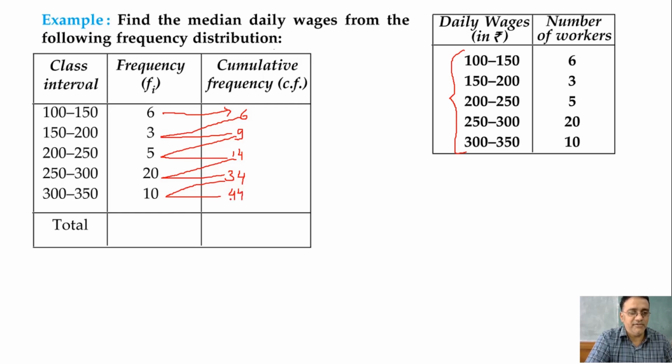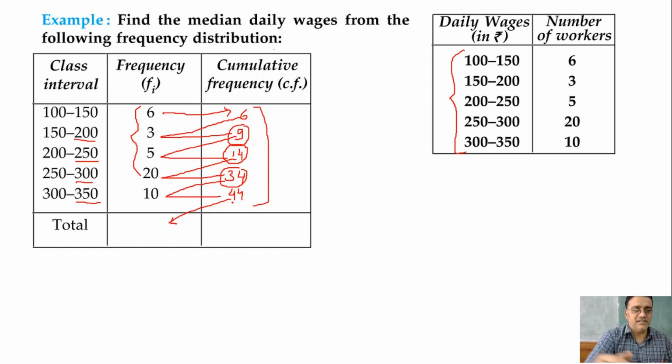So ये जो 44 है, this is the total frequency. ठीक है, और इसको बोलते हैं less than CF, क्योंकि less than 200 कितना होगा? 6, total 9, and less than 250 means 14, less than 300 means 34, because we have to add all these numbers. Less than 350 means 44.